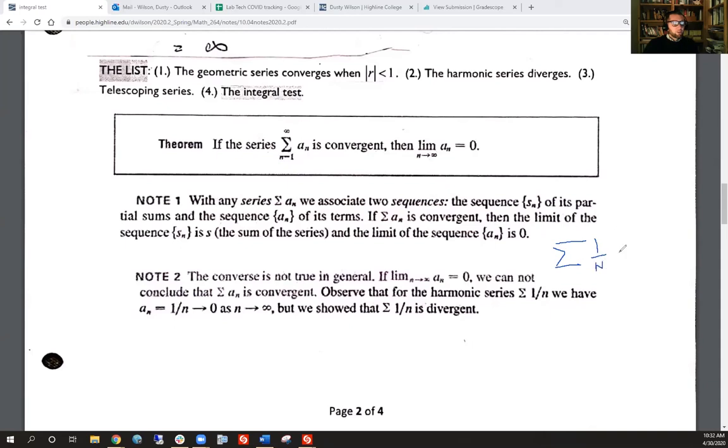Does this series converge or diverge? It diverges. Thank you. And how about the limit as n goes to infinity of 1 over n?